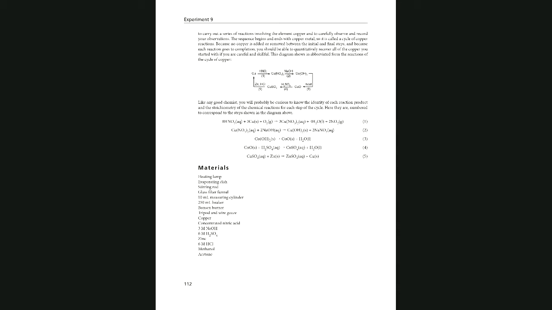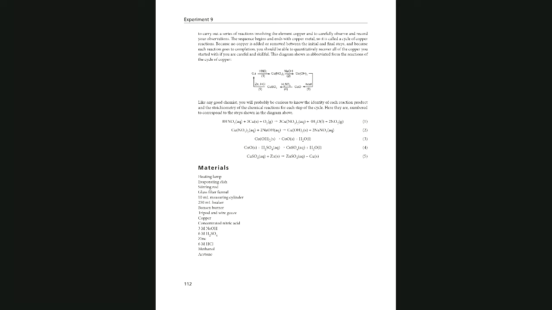We change the copper to copper nitrate, to copper hydroxide, to copper oxide, to copper sulfate. Then from copper sulfate, we are going to get back to copper. Ideally, if we start with 0.5 grams of copper, we should end up with 0.5 grams of copper if we don't lose the copper in any step.